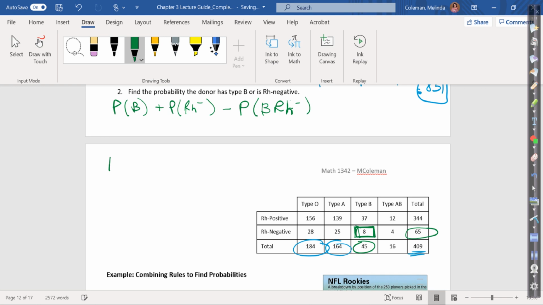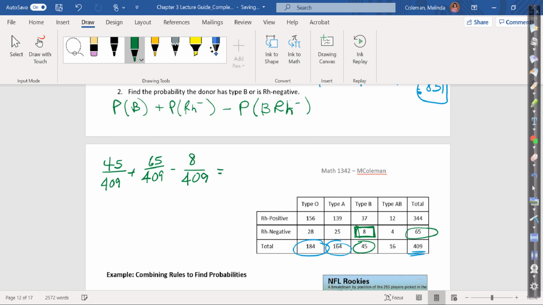So the probability of B would be 45 out of 409, still 409 people, plus 65 out of 409, minus the 8 people that are Rh negative and B type, so minus 8 out of 409.